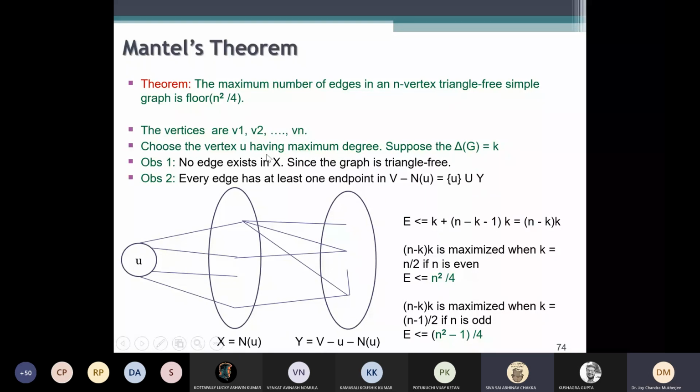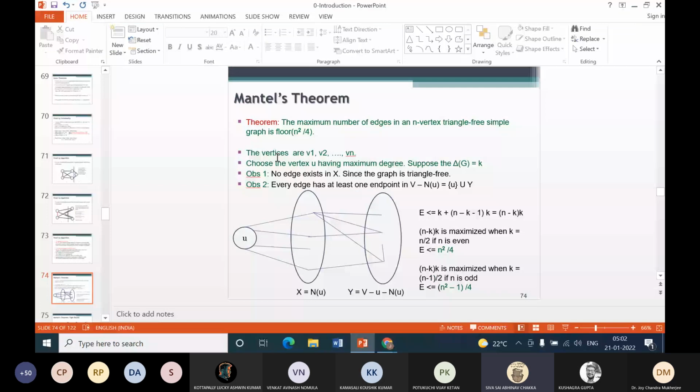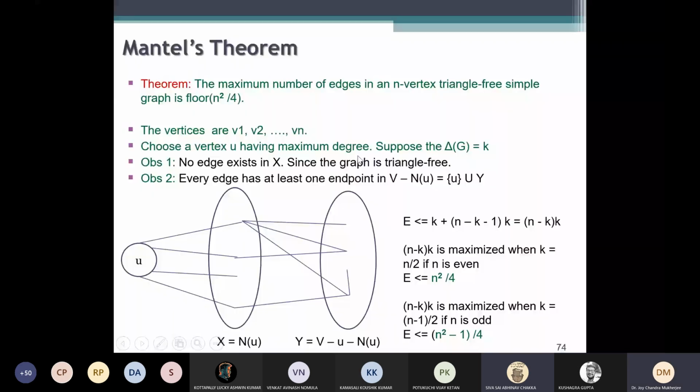Okay, so in that case you choose any one of them. So choose any vertex u having maximum degree, and suppose this maximum degree is k.